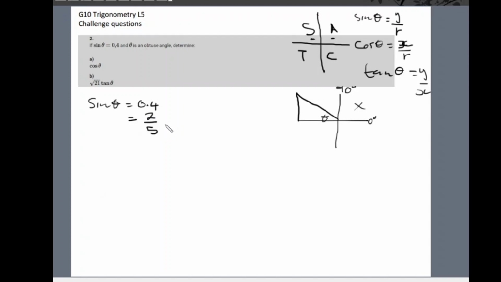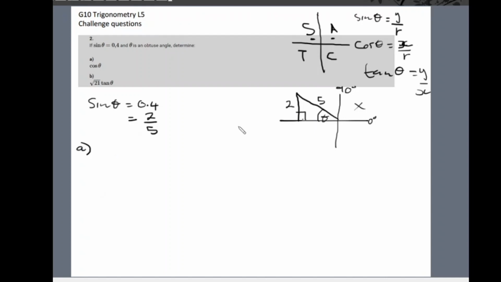If you say 2 over 5 is the same as 0.4, ne? So now notice ukuthi we have our trigonometric ratio in a fraction form. Therefore we can say sin theta is equals to opposite over hypotenuse. So from our triangle there we can say the hypotenuse is 5 units and the opposite side to theta is 2 units, right?